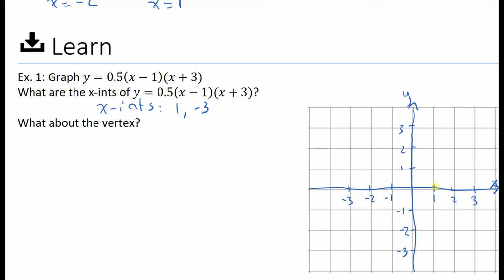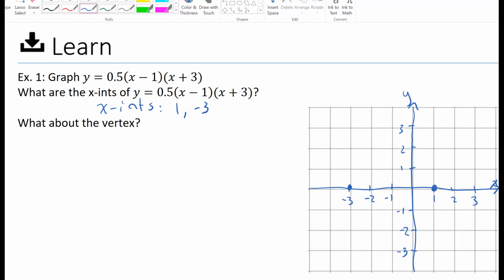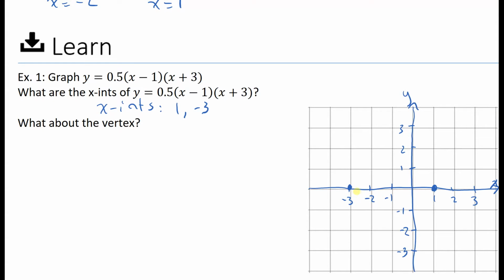Okay, so we have an x-intercept at 1 and an x-intercept at negative 3. Where would the vertex be?